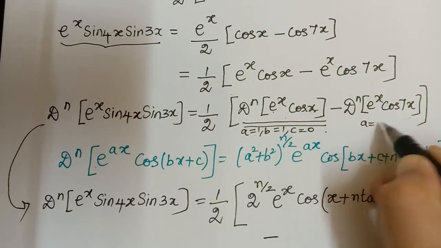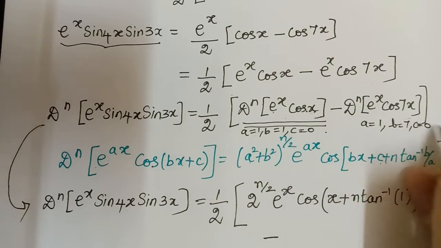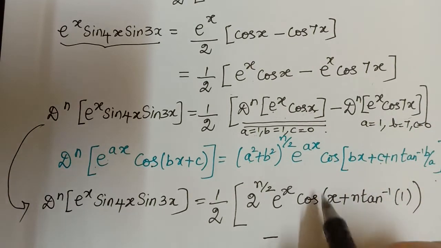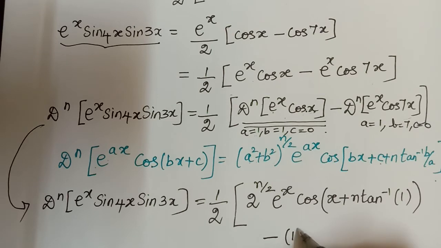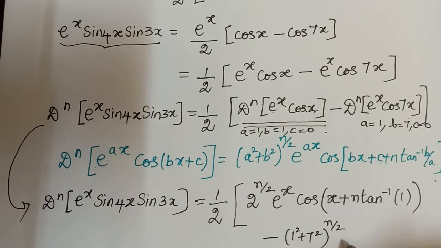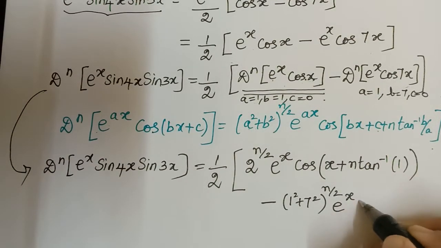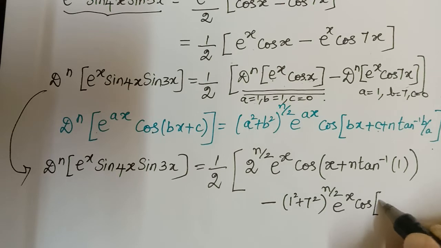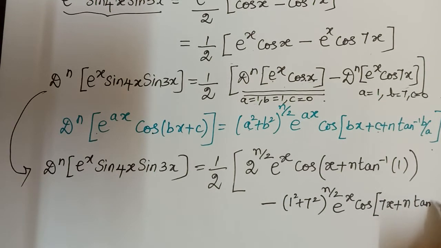Here a is equal to 1, b is equal to 7 and c is equal to 0. So when we use this formula, it will be 1 squared plus 7 squared, the whole power n by 2, e power ax, so e power x, and then cos of bx, so 7x, plus n tan inverse of b by a.